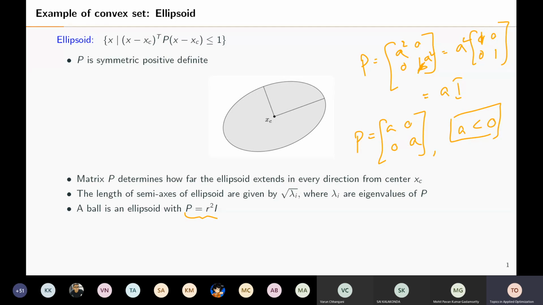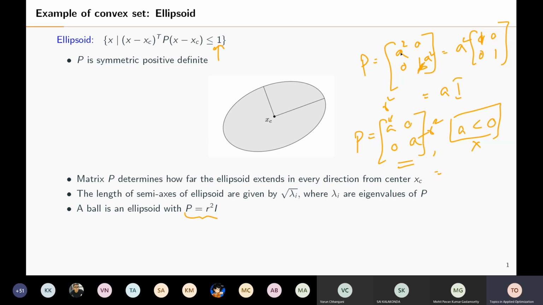It won't be, definitively, because it won't be possible to make the left-hand side equal to 1, since it will be negative. I hope all of you see this, right? So negative A we rule out. Since these guys are supposed to be positive, we can always replace this by some square, let us say R square.